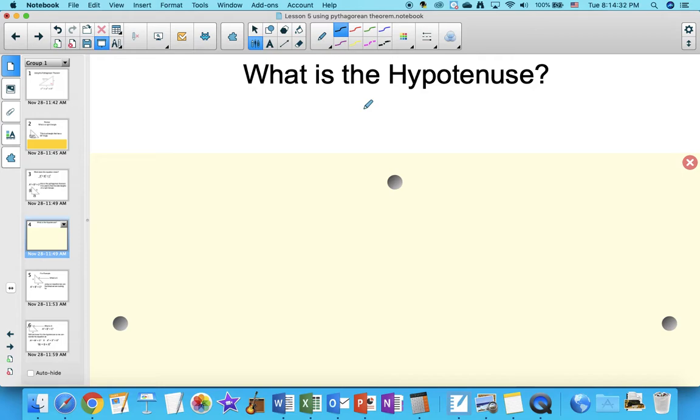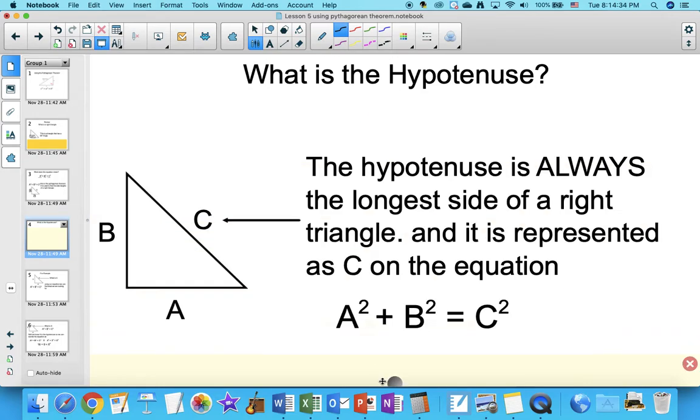The longest side is called the hypotenuse. In our equation, a squared plus b squared equals c squared, c is always your hypotenuse. a squared plus b squared always equals the length of the hypotenuse squared. The hypotenuse is always the longest side of a right triangle.